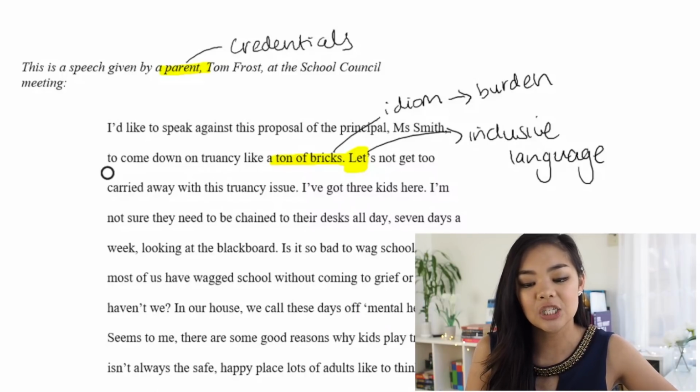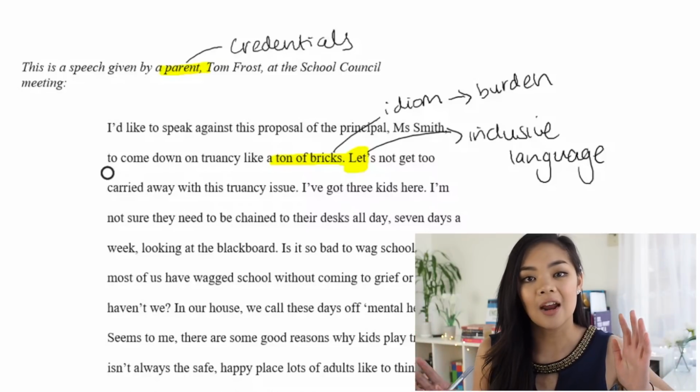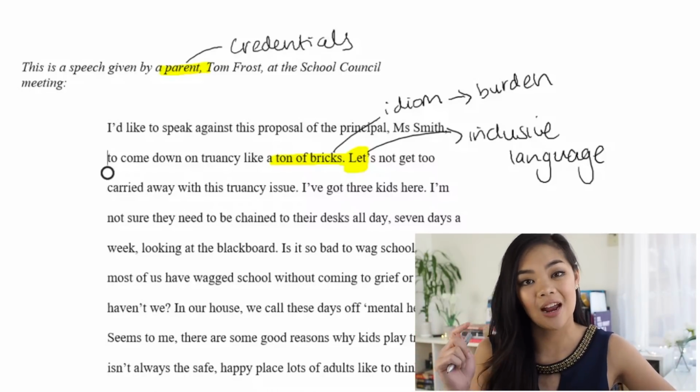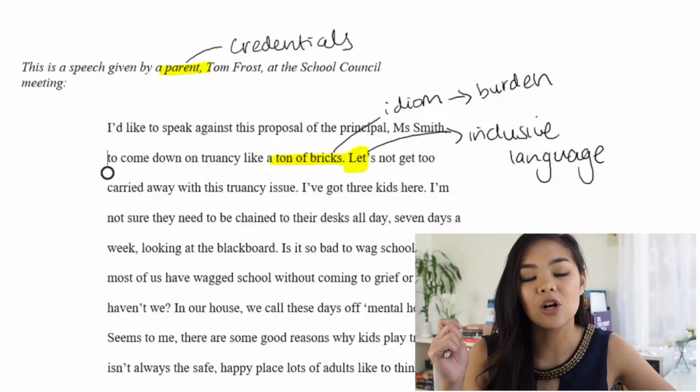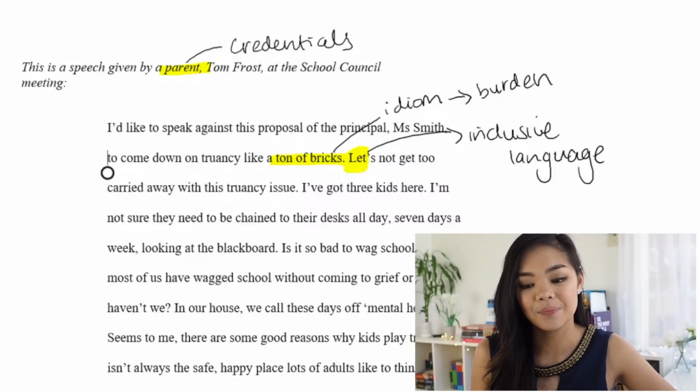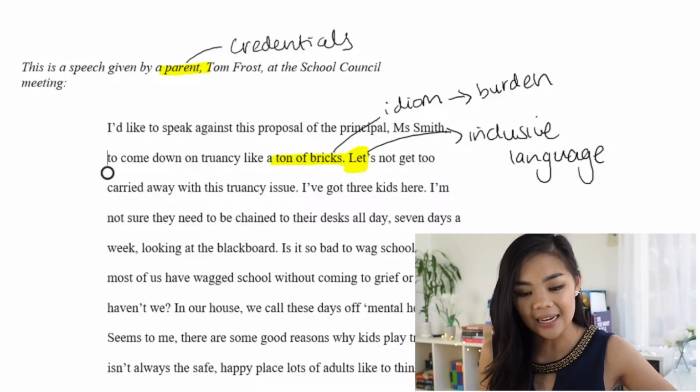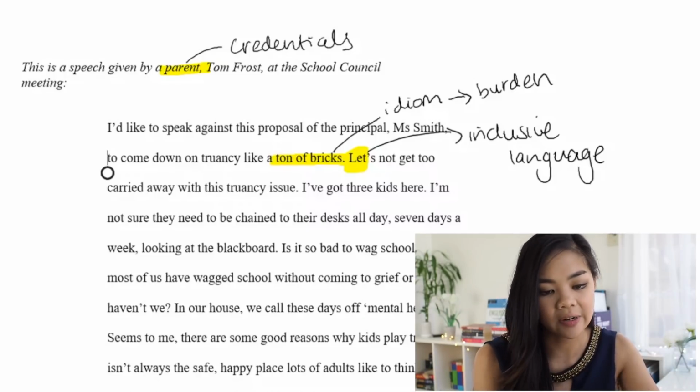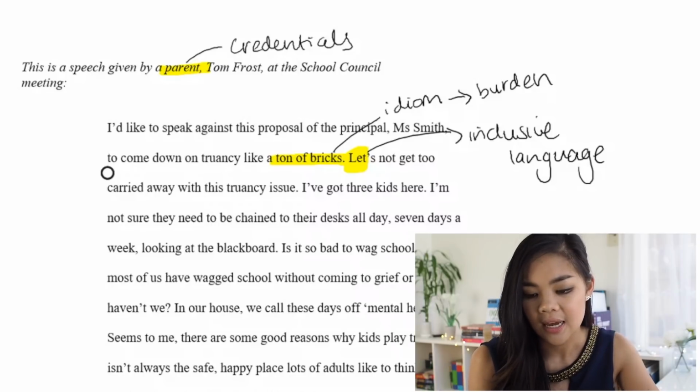The fact that he doesn't just say, oh, I'm not going to get carried away with this truancy issue, and he says, let's not get carried away, automatically includes you on his team, and so may make you more inclined to support his idea.